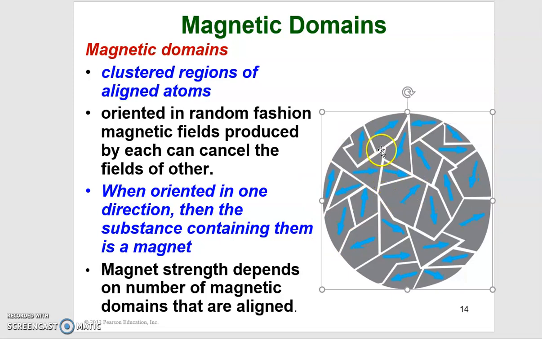You will see in the figures I show you here that in these small regions, most of the atoms are oriented in some direction. So this is a magnetic field produced by this part of the material. However, this is just a small part of the material.